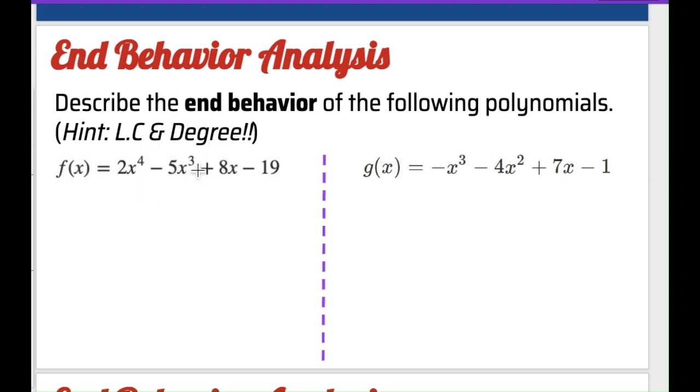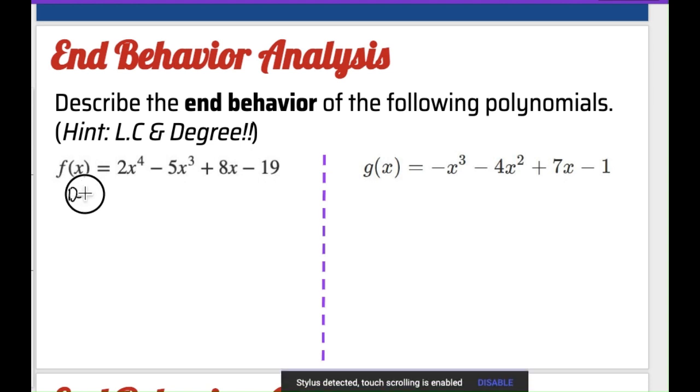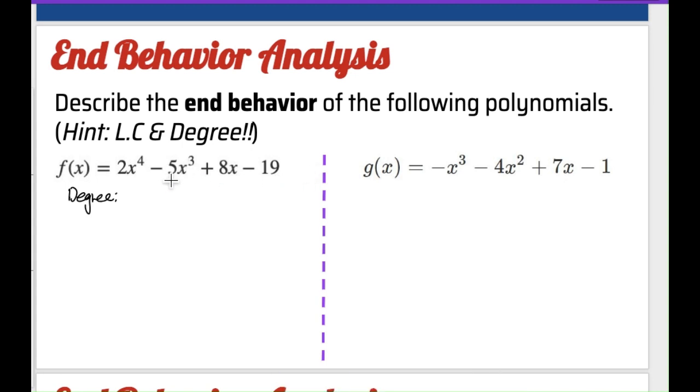So as we said, two pieces of information will help us determine the end behavior, which are the leading coefficient and the degree. First, as you can see, the degree for this one is the highest exponent because everything is already written in standard form. The degree is 4, which is even, right? And with even, we know it goes up at the same time or goes down at the same time, right?